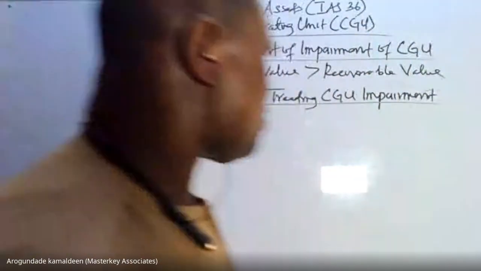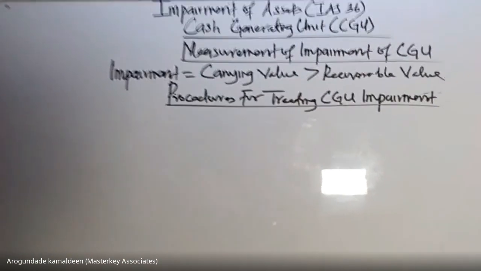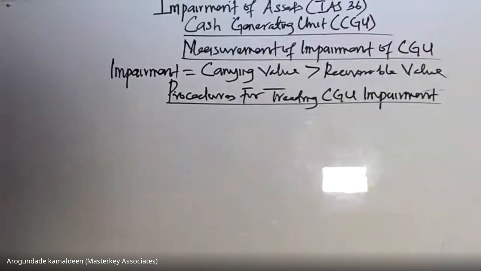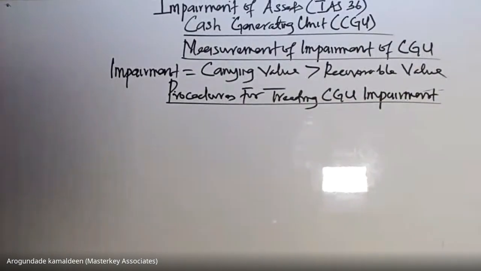So now, according to IAS 36, what are the procedures for treating the impairment of a CGU?